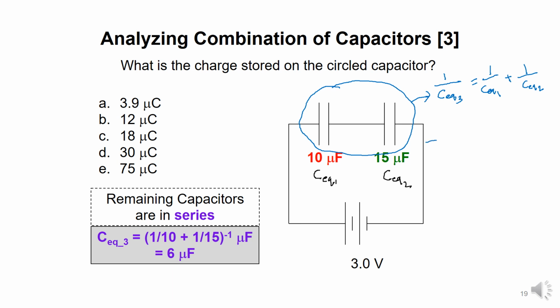So that's the equation for calculating C equivalent 3, the combined capacitance of the two capacitors shown. Let's plug in the numbers and get the value for C equivalent 3.